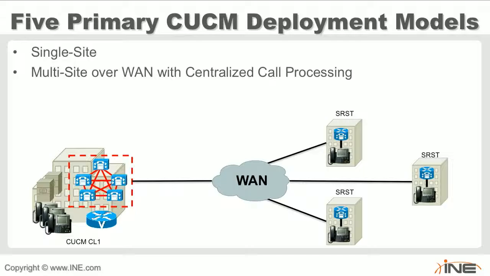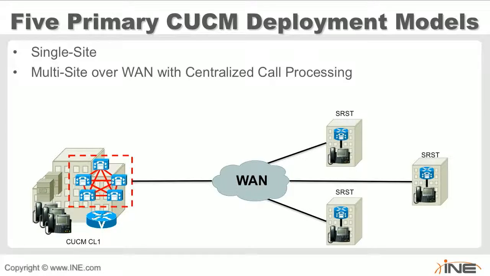So as I see here, I have branch 1, 2, and 3. They're all running some form of survivable remote site telephony, or SRST, and that could be traditional SRST or CME as SRST. Doesn't really matter. Their phones are not primarily registered to those SRST or CME routers.